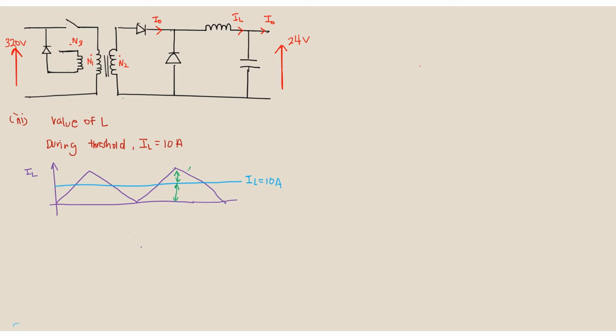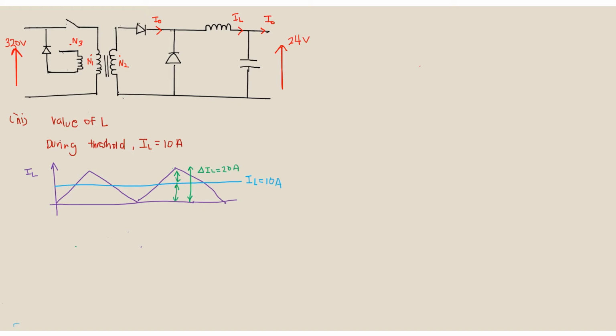So peak to peak will be 20. Agree? So peak to peak is equal to 20 ampere.